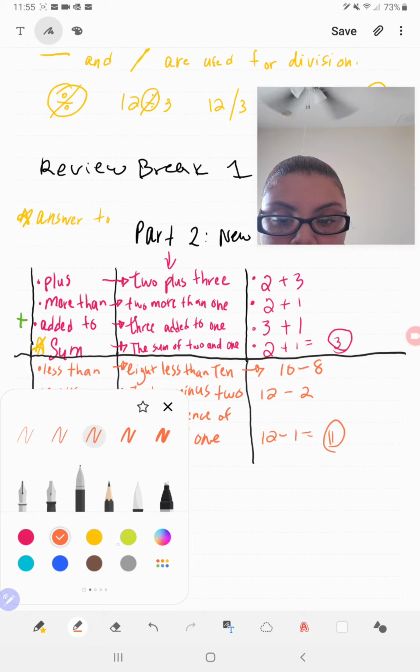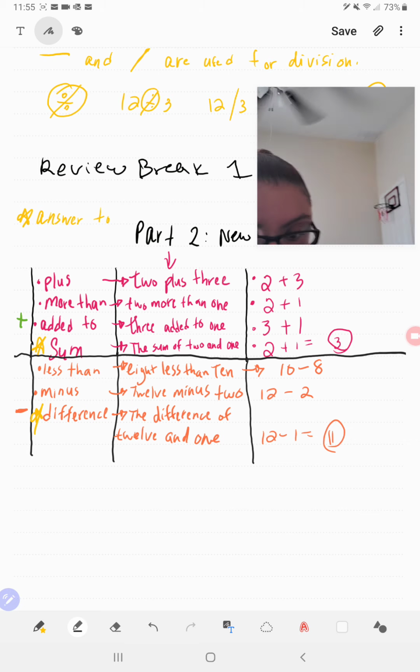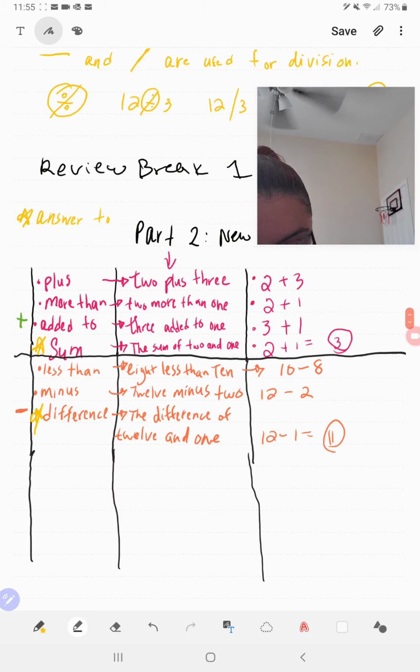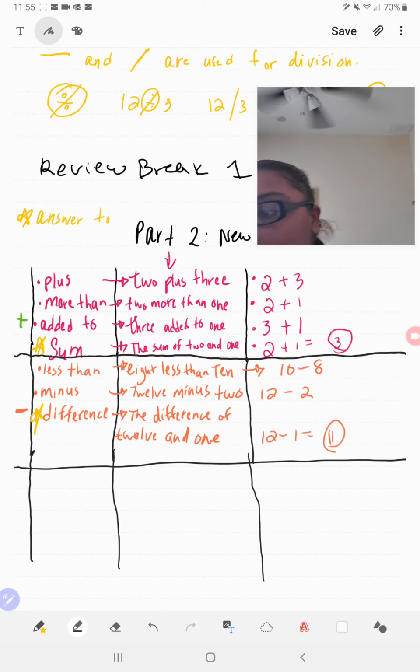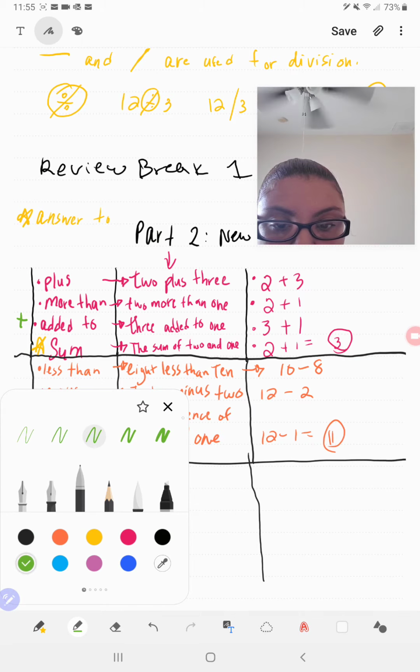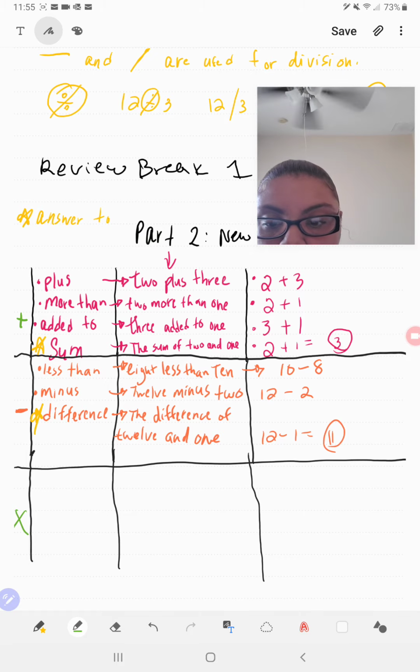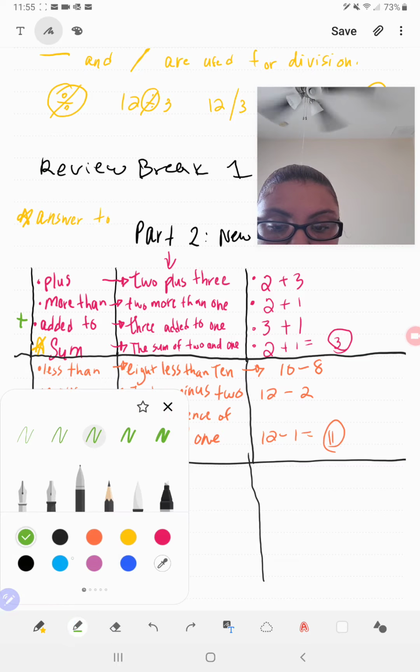All right, let's add another row. So multiplication for this one. Again, I put an X so you guys can remember that it's multiplication.